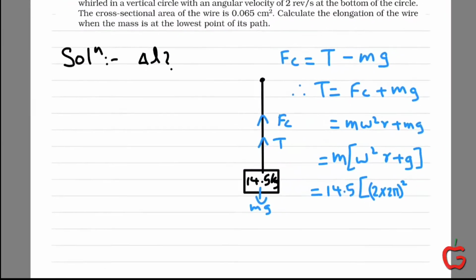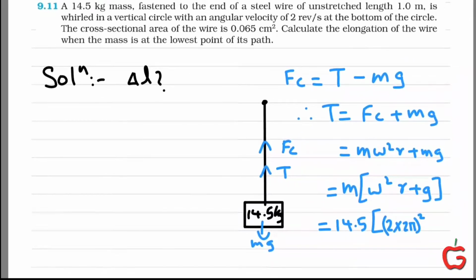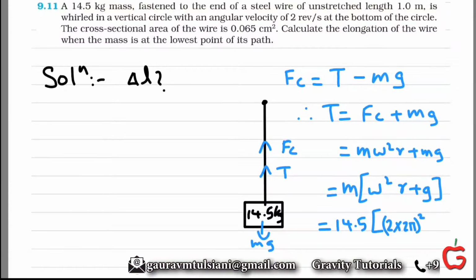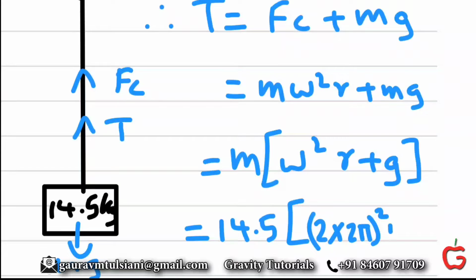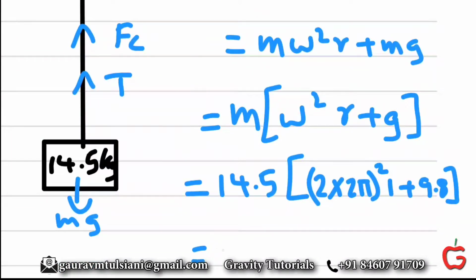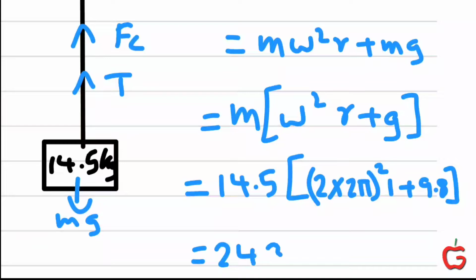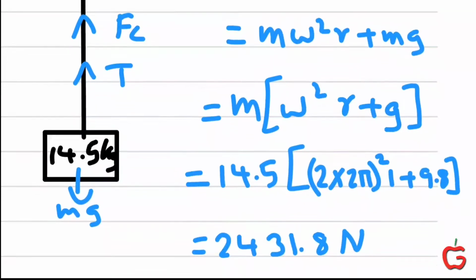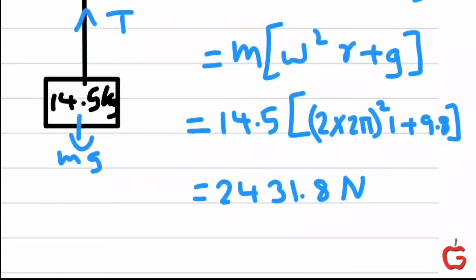The radius, that is, the length of the wire, is given to be 1 meter. Let's take g to be 9.8. So this gives us a tension of 2431.8 newtons. So this is the tension in the wire.